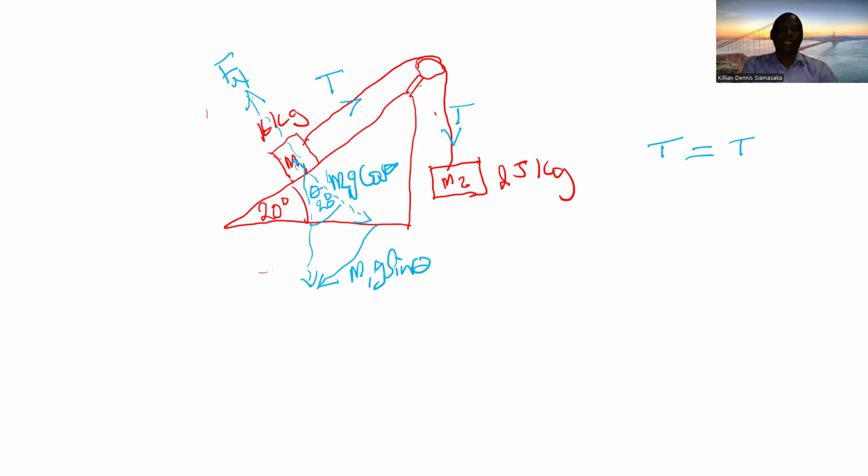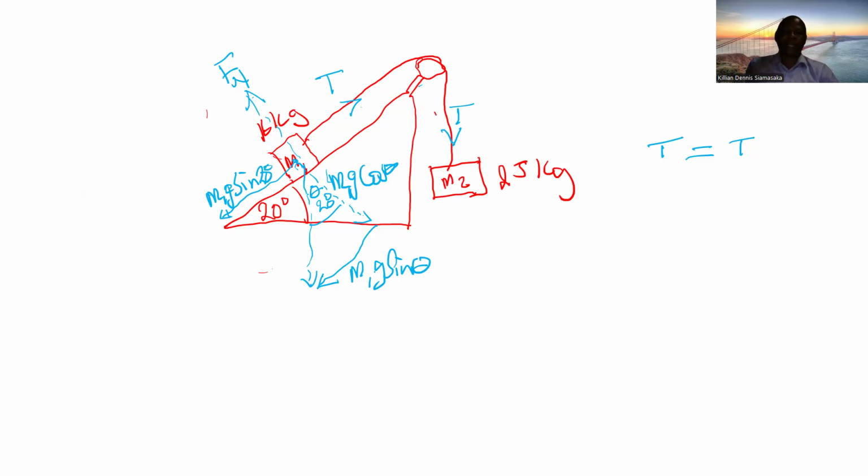And this is parallel to this force here, so it is the same one, which is m1 g sine 20 degrees, so sine theta.